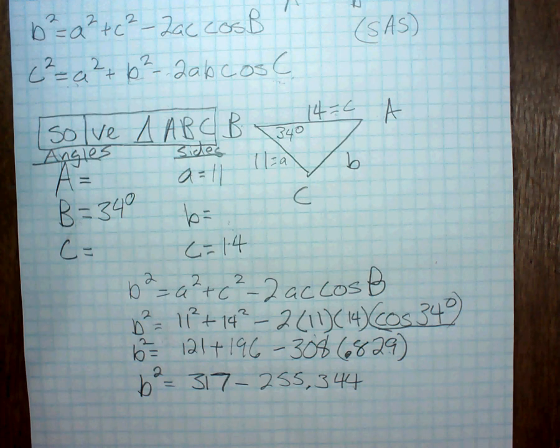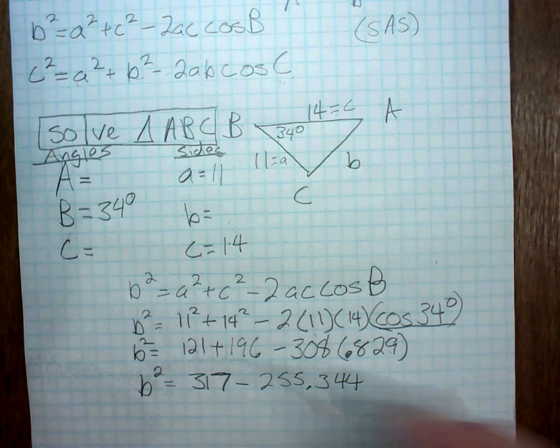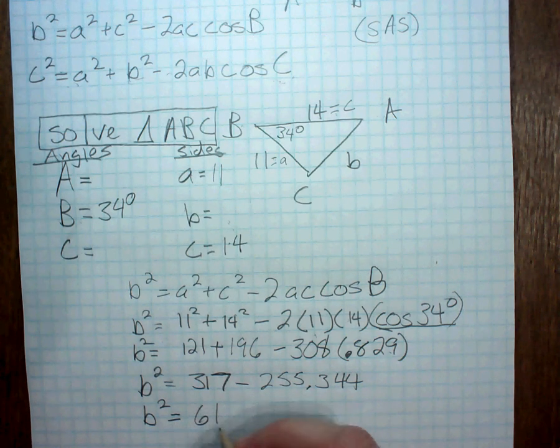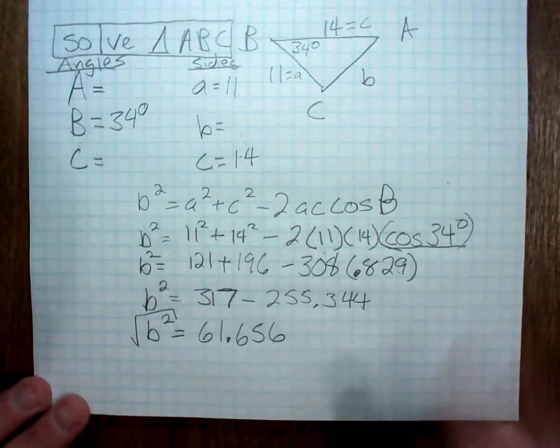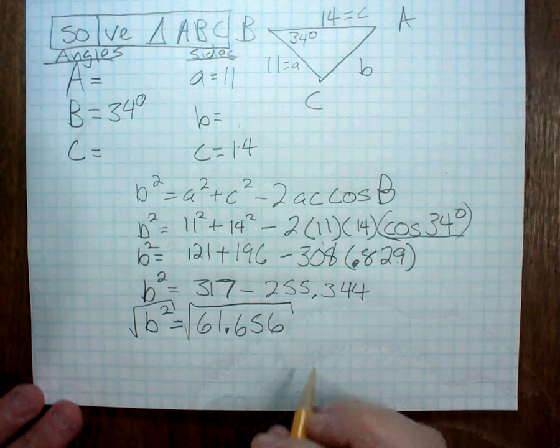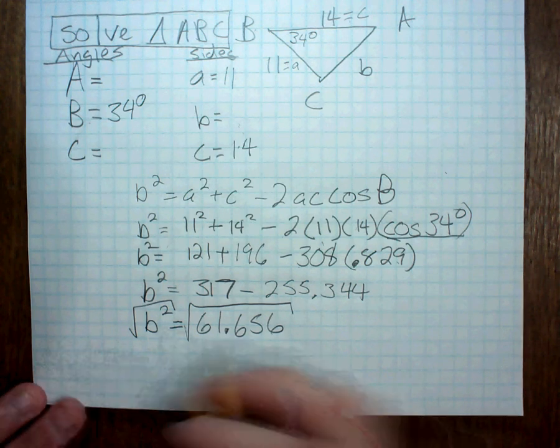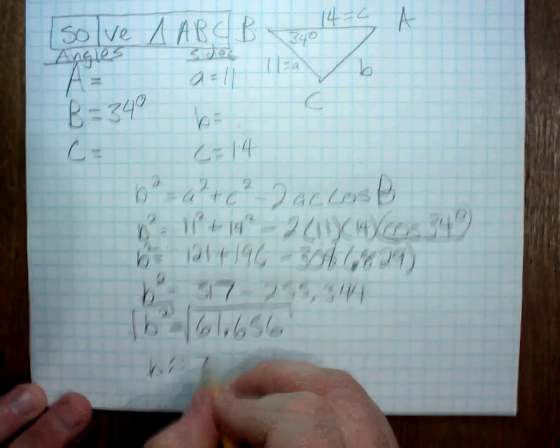So 317 minus 255 and I should get b squared is approximately 61.656, and then I got to take the square root of both sides. And I get that it's about 7.9. So b is about 7.9.